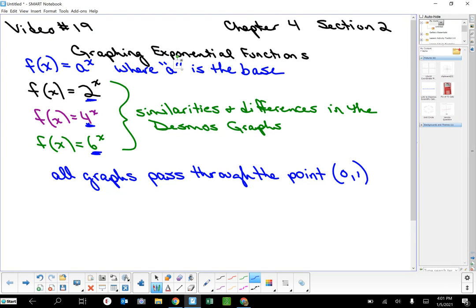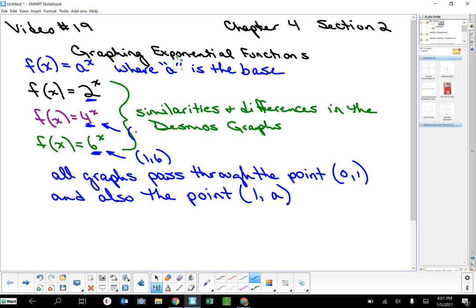And so another similarity I want to state is all graphs pass through the point 0, 1, and also the point 1, comma a. This graph passed through the point 1, comma 6.